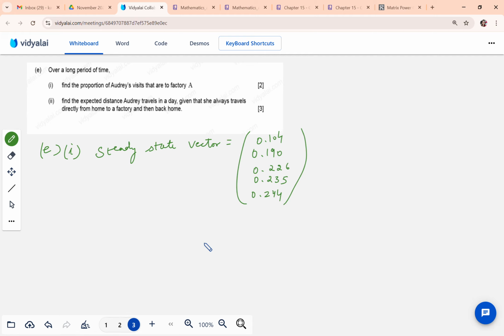So this is the steady state vector. Steady means same, so after some higher powers, when you multiply the matrix with itself, each column will be the same.